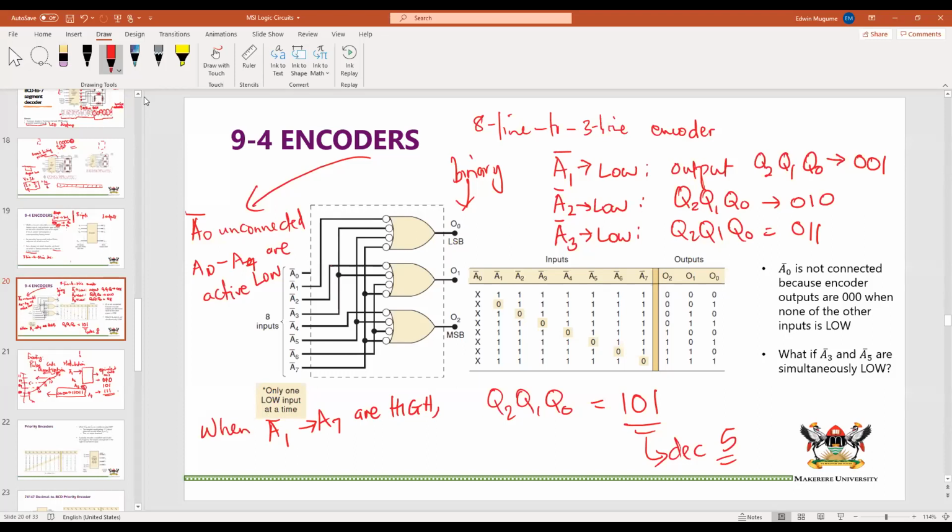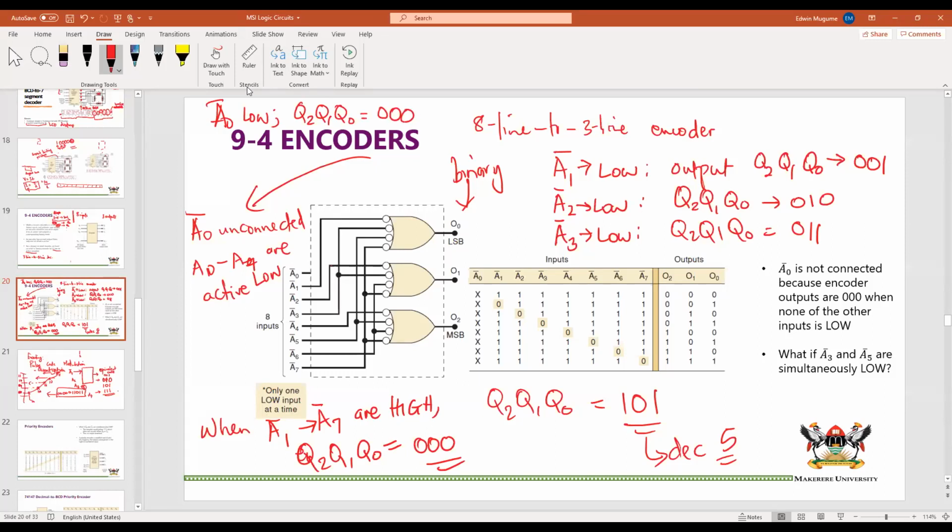If all of these are high, the encoder output, which I can call Q2, Q1, Q naught, is actually 0, 0, 0. But this is the output that we would expect if A naught was low. If A naught was connected and low, we would expect Q2, Q1, Q naught to be 0, 0, 0.